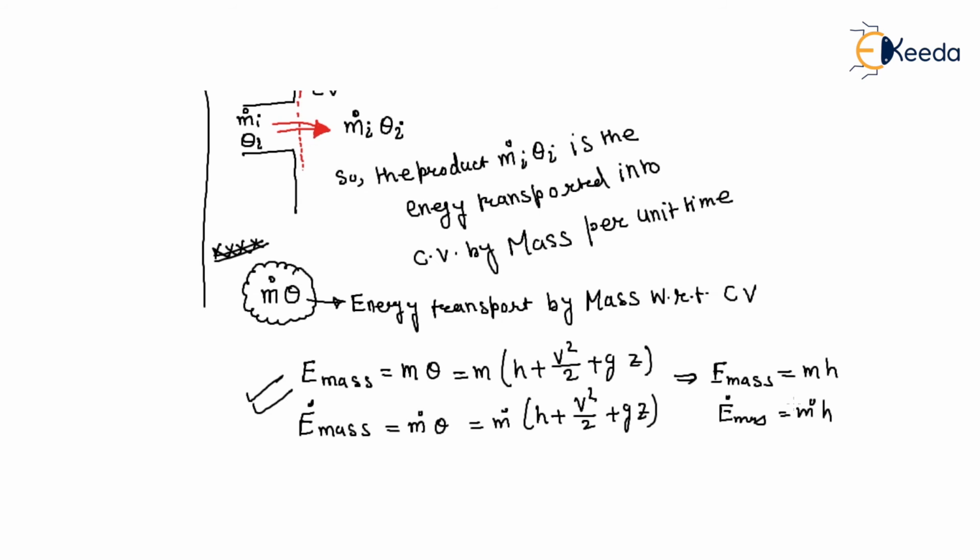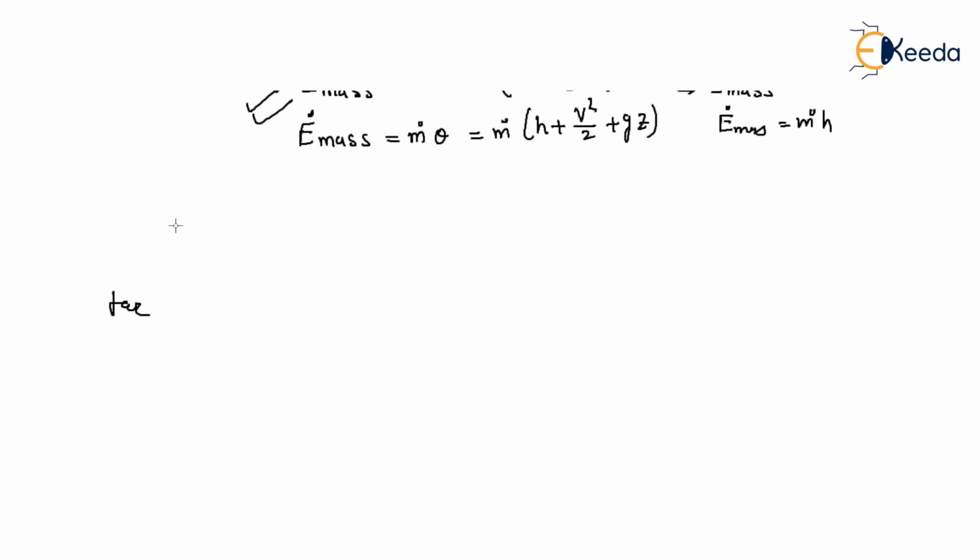In general, the total energy transported by mass into or out of the control volume is not easy to determine, since the property of the mass at each inlet or exit may change with time as well as over the cross section. If we integrate this, what is the total energy into the control volume in the form of mass?